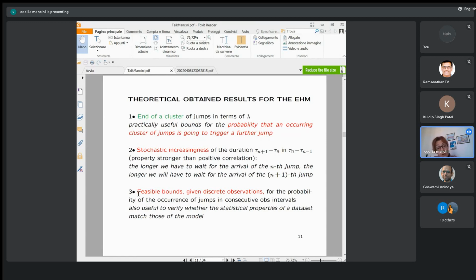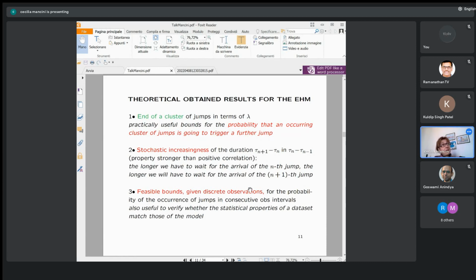Third, we found feasible bounds for some probabilities interesting for us, accounting for the discreteness of the observations, which is exactly the problem we have at hand. We have discrete observations.